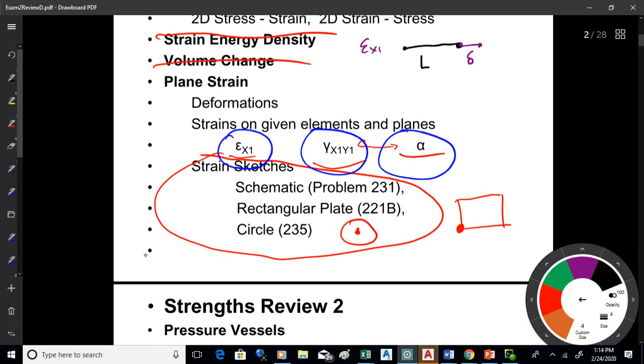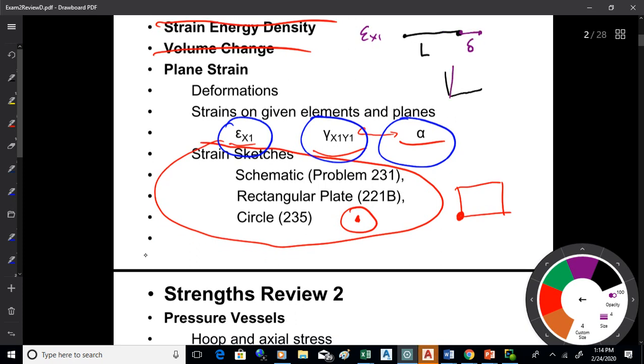Now gamma, for a given line, is the change in angle. If this is 90 degrees and this is the new angle, gamma is the difference between the two. So gamma equals 90 degrees minus the new angle.